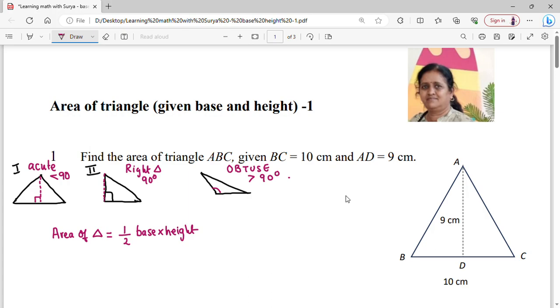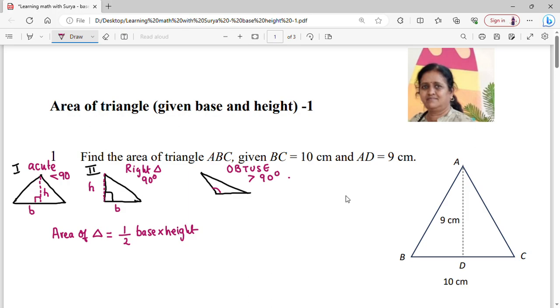If it is an acute angle triangle, the height is inside the triangle. So the altitude is here and this is the base. For a right angle triangle, this is the base and this leg itself is the height because it is perpendicular, or 90 degrees.